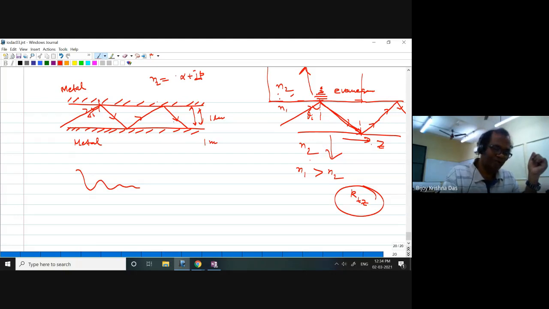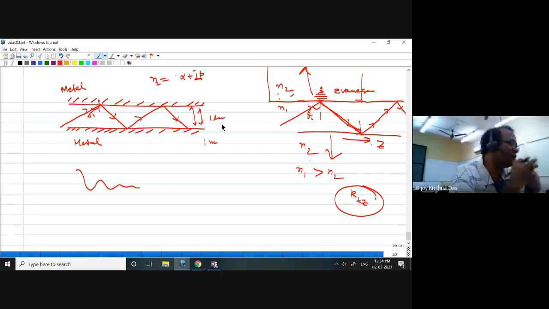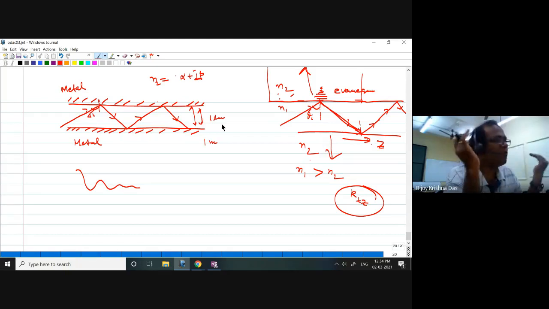If you try to count how many reflections are needed for optical frequency, instead of 100, you can say 1 million reflections can happen. And each reflection contributes to loss, multiplied by 1 million, instead of 100, even more.